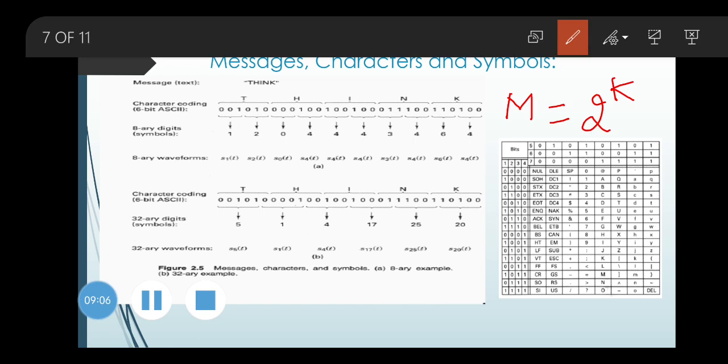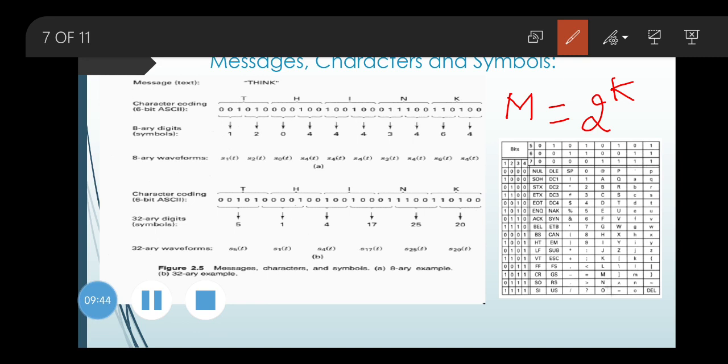So we need to find the value of the grouping of bits K. K will be equal to log of 8 to base 2, which is equal to 3, which means we are going to group the bits written for the message "think" as groups of 3. On the same lines, we have grouped here as 3 bits each.